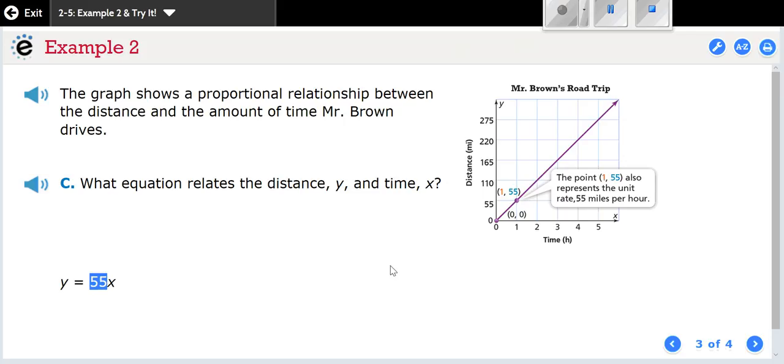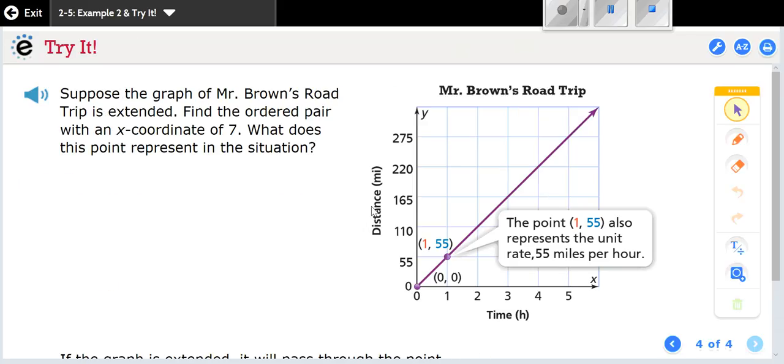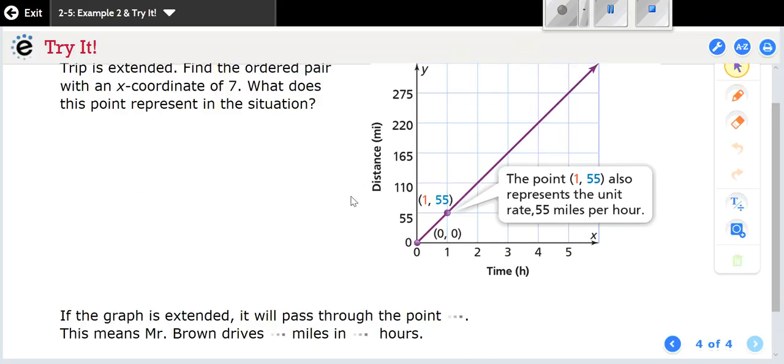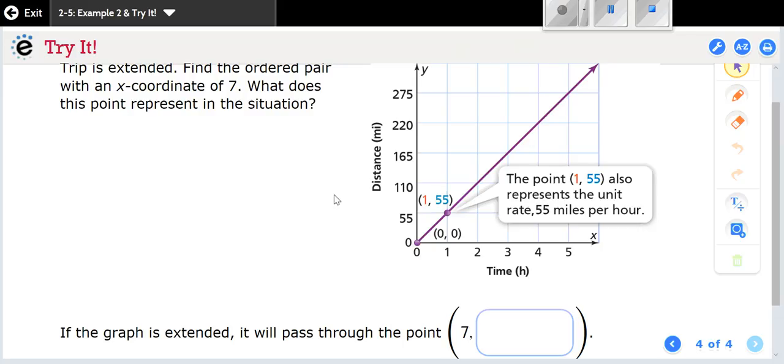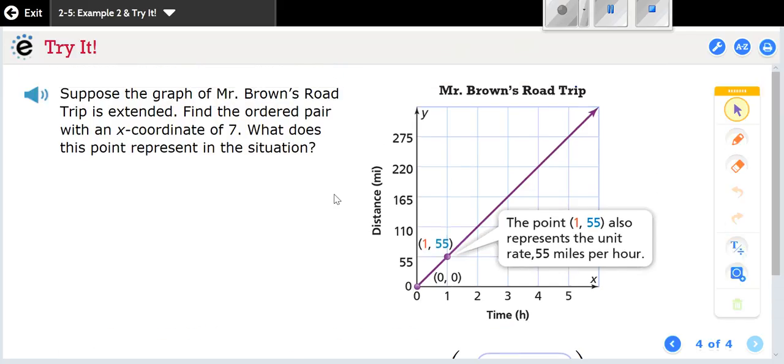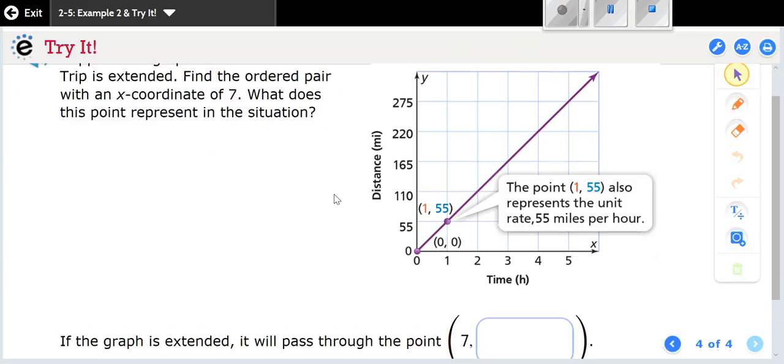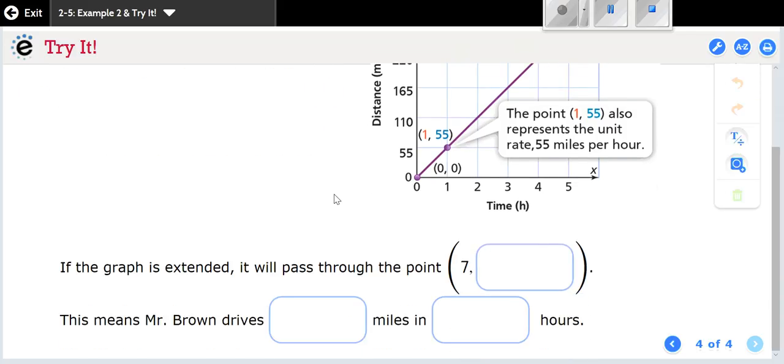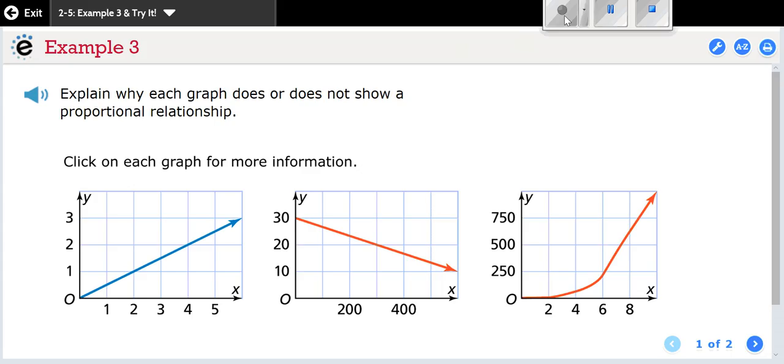And because of the constant of proportionality, we're going to get an answer that works. So now that you've determined the equation, you can use that equation to plug in your points and solve this problem.